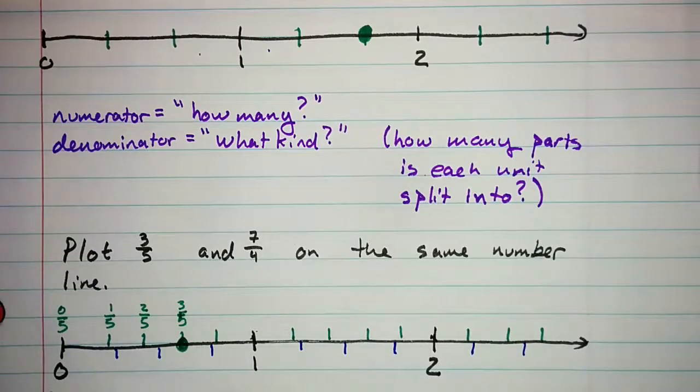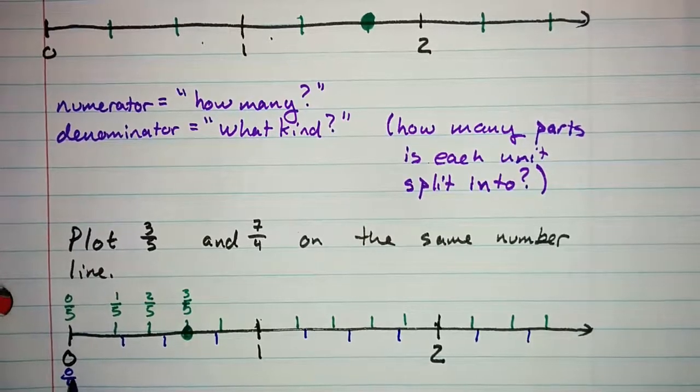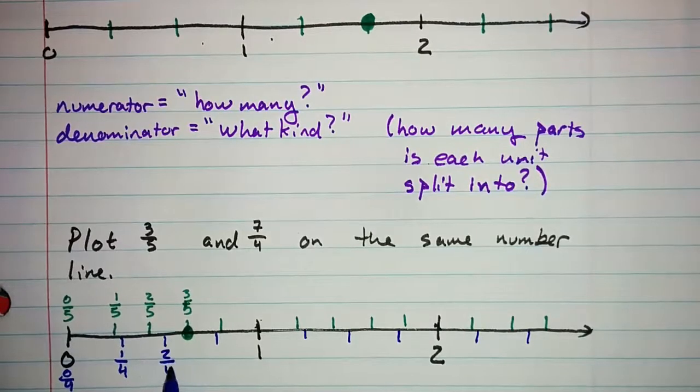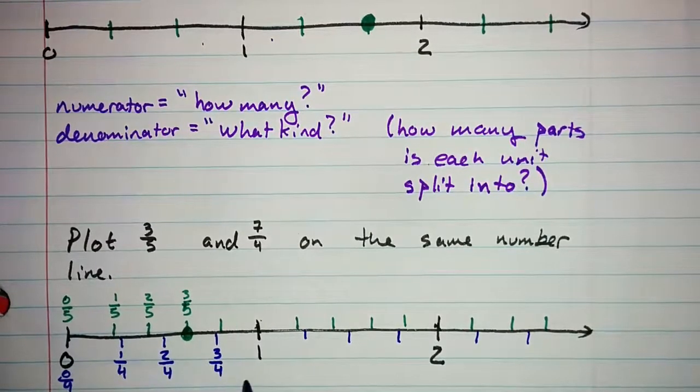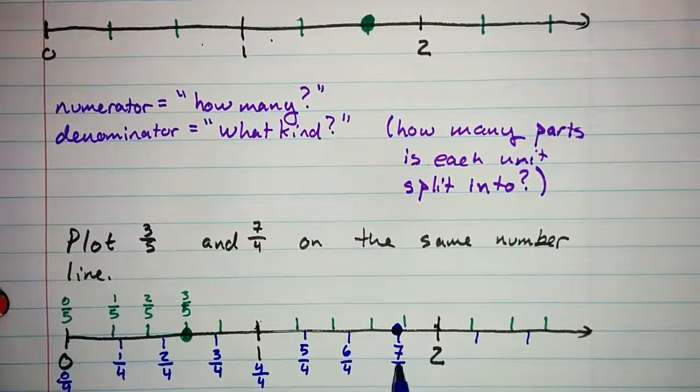So I'll have 0/4, 1/4, 2/4, 3/4, 4/4, 5/4, 6/4, 7/4. Here we go. This point is 7/4. Notice again, we needed to put in the units first and then split them up.